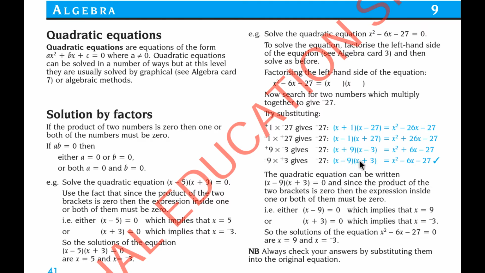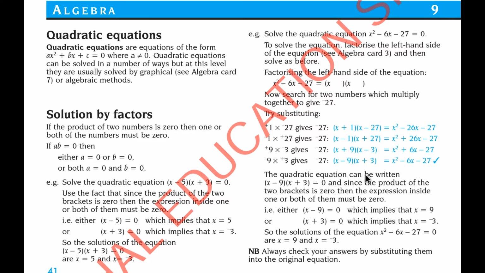That's the catch. If you add plus 9 and minus 3, it comes to 6x, plus 6. Minus 1 and plus 27 gives you plus 26. Plus 1 and minus 27 gives you minus 26. But minus 9 and plus 3 give you minus 6. So all these give minus 27, but only the last one is accurate.